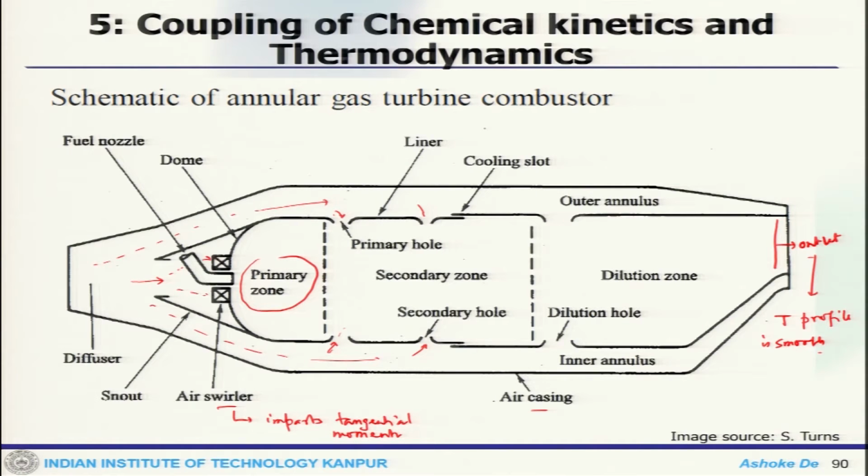There are also other advantages of doing these multiple injections, but at the end of the day what one wants is a smoother T profile. Once you have a smoother T profile, this reduces your pattern factor, and that is one of the biggest design concerns for a gas turbine engine.